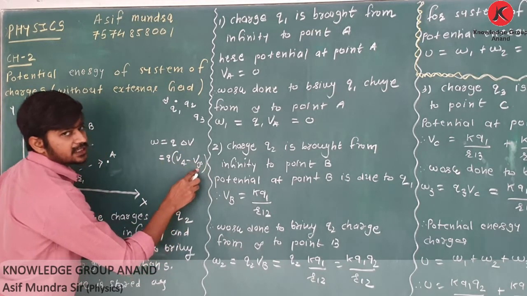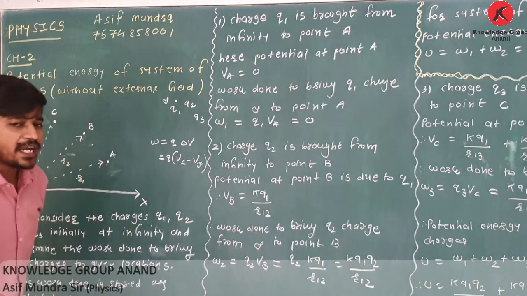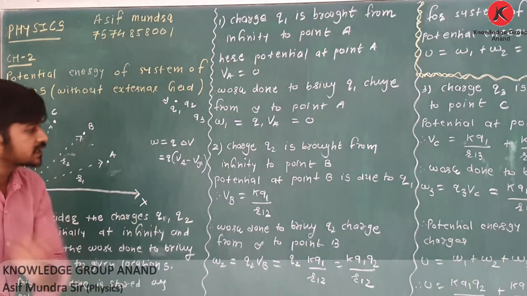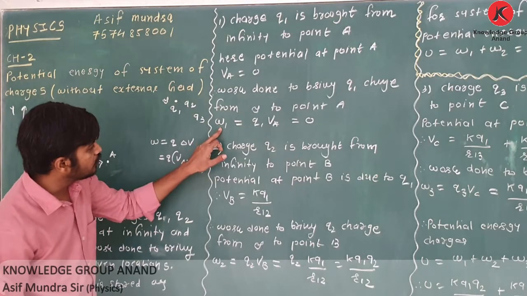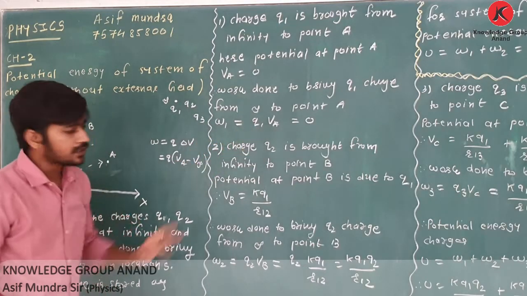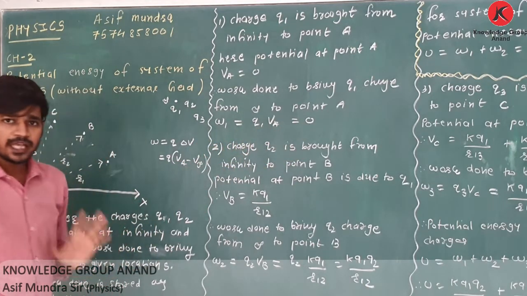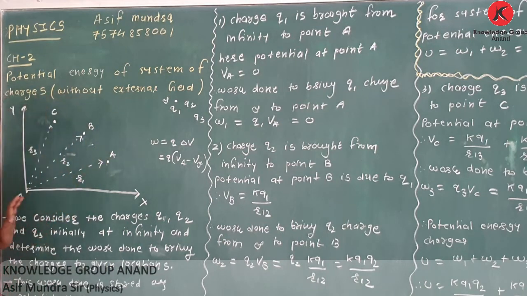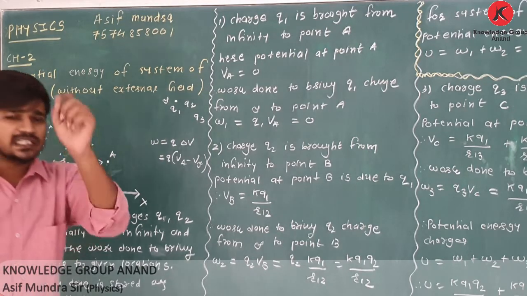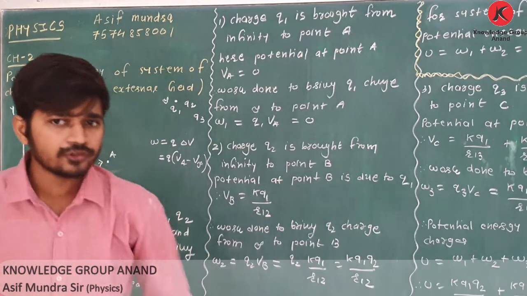But at infinite distance, potential is 0. So we can write W1 is equal to Q1 VA, and VA is equal to 0, so W1 is equal to 0. It means there is no external field. So to bring Q1 charge from infinite distance to point A, no work is done. Work done is equal to 0.